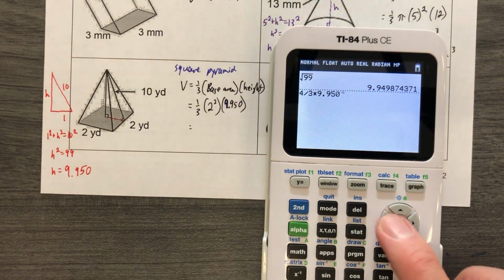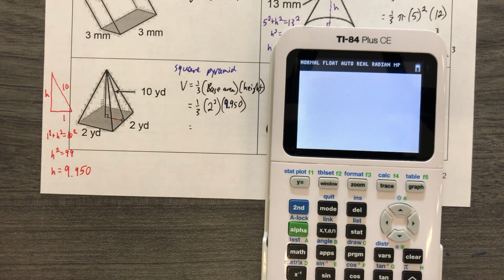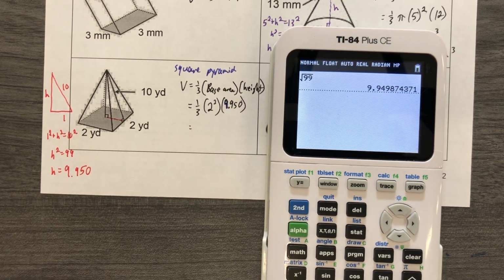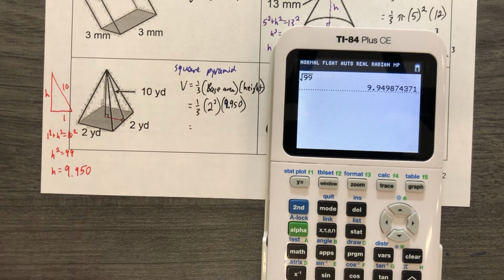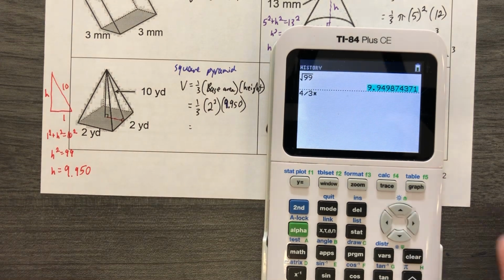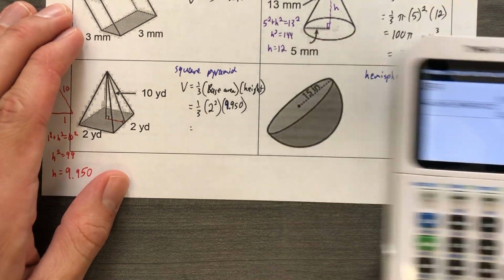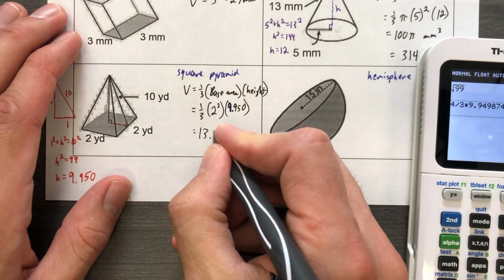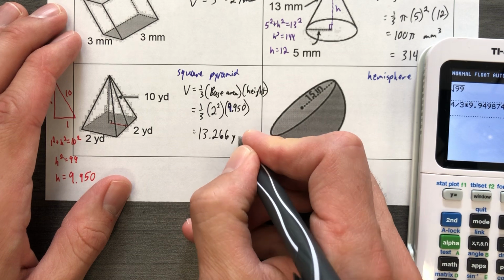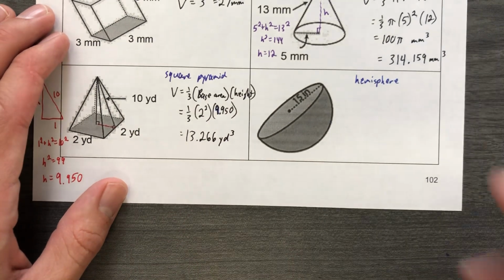Let's start all over. We just decided that the square root of 99 was this, right? So we're going to do one-third times 4, so 4/3 times, go up and grab that last answer. You can copy and paste on Desmos if you want to. And so we have a little more accuracy, 13.266 cubic yards.